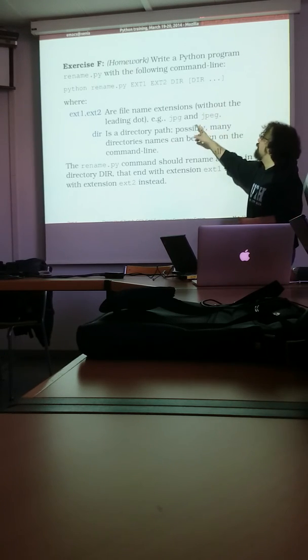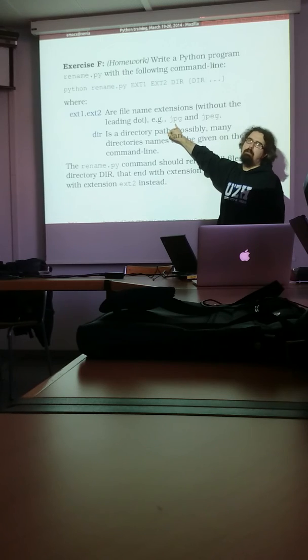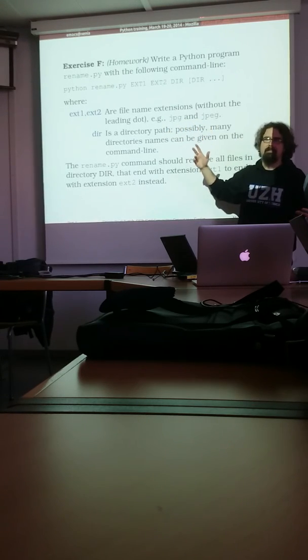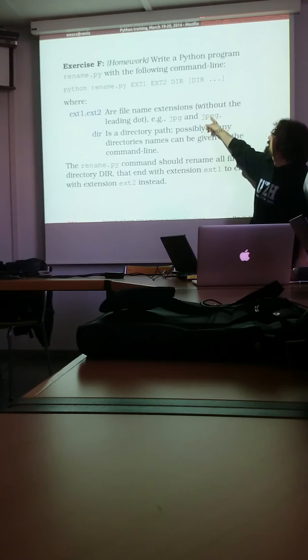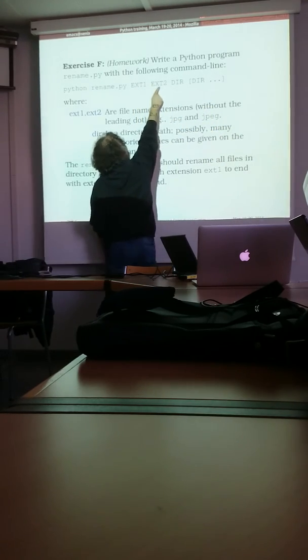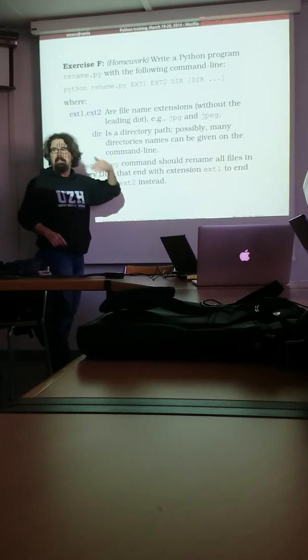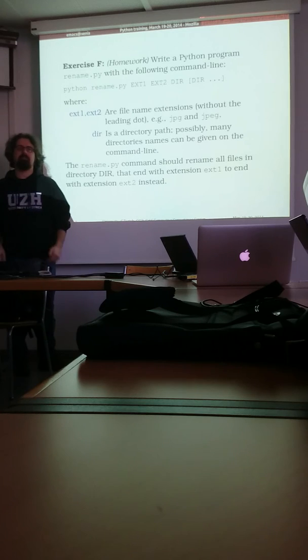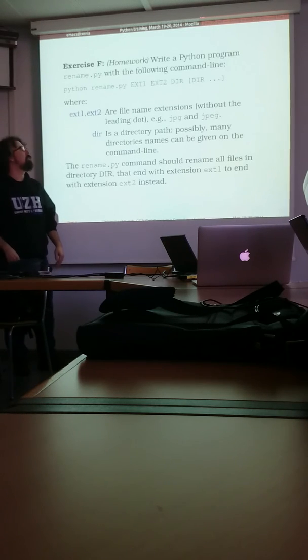Say you want to rename all files that end with .jpg to .jpeg. Then this would do that. You would have ext1 jpg, ext2 jpeg, then you give a directory, and then the command does all the renames in the directory. Is this clear?